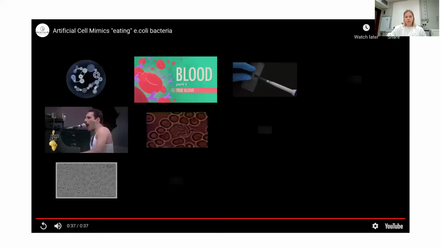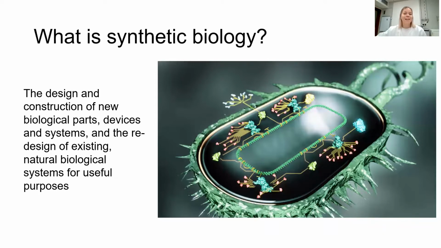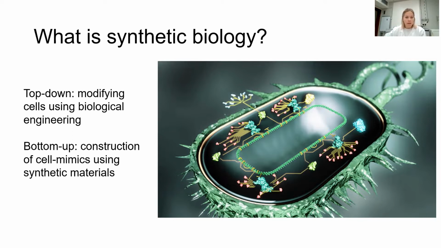Okay, so first, as some background, what is synthetic biology? Because these are synthetic cells. This is defined as the design and construction of new biological parts, devices, and systems, and the redesign of existing natural biological systems for useful purposes. In terms of synthetic cells, there are two ways that these can be synthetically engineered: top-down and bottom-up.